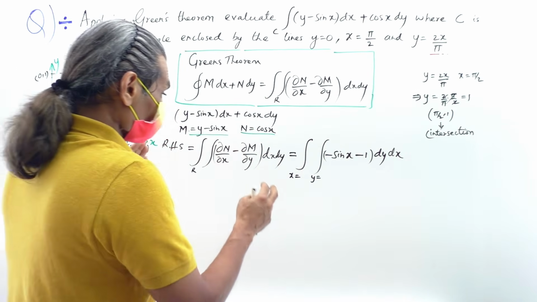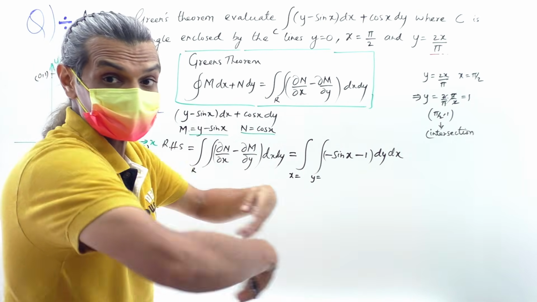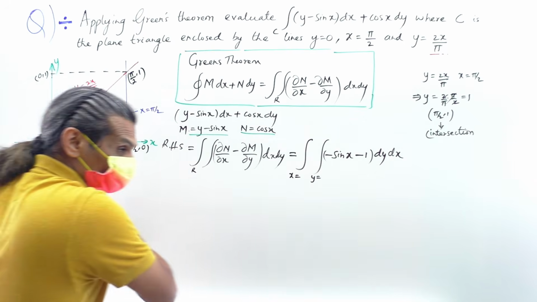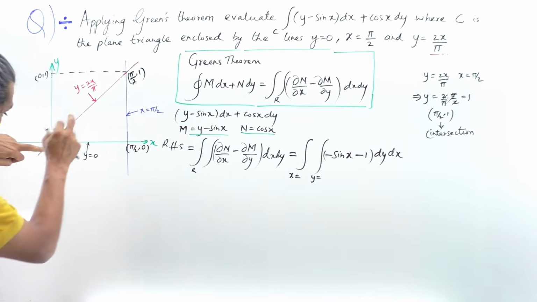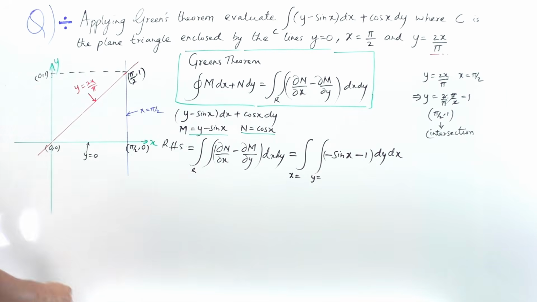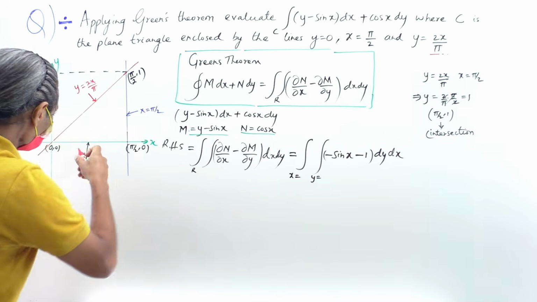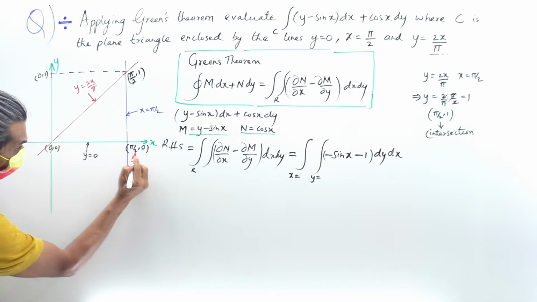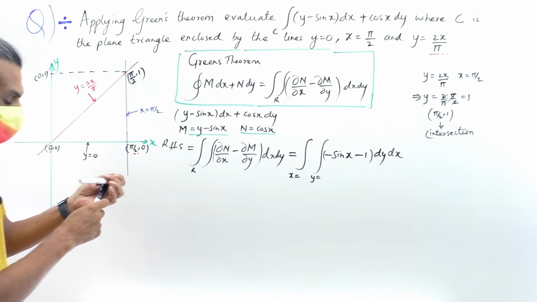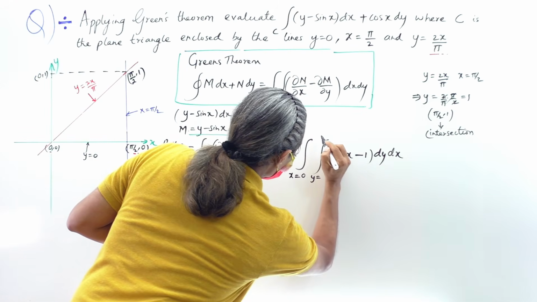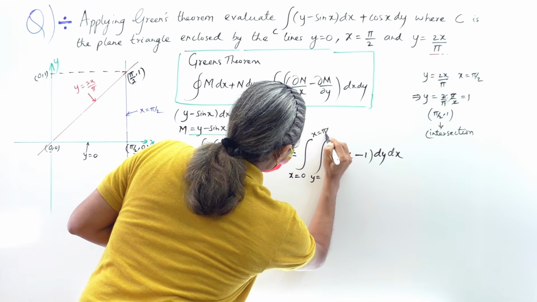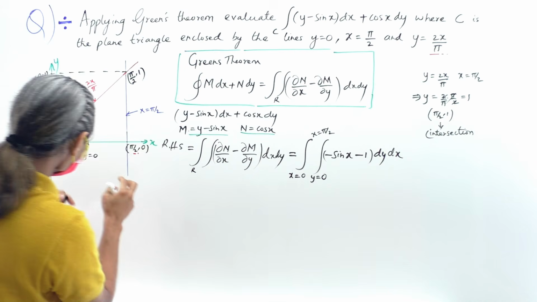That means outside we will find the limits of x, from where to where. Since I am going along the x-axis, x goes from 0 to pi by 2. And y goes from 0 to where?